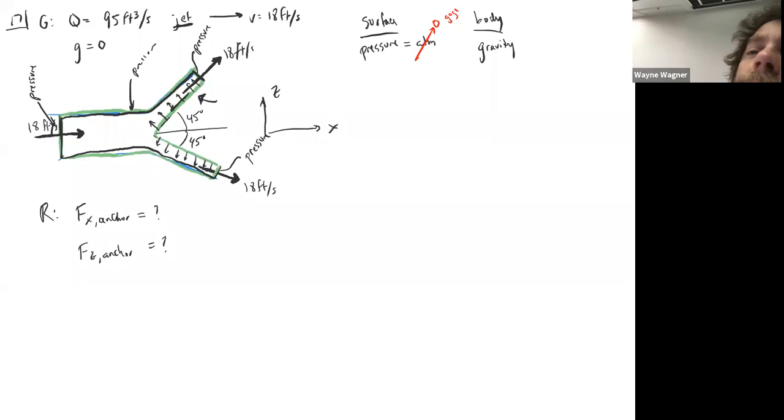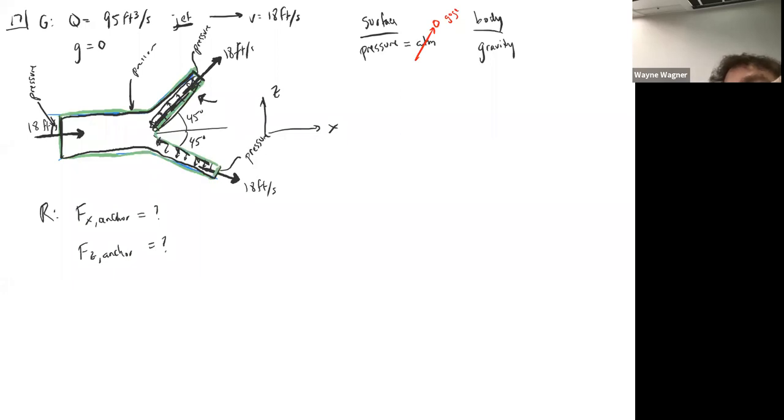All along that edge there's a viscous effect, so basically it's working to slow the water down a little bit. A lot of these problems will tell you to ignore that effect. I don't know what difference it makes to ignore it or not, because what we do is we take this normal force and this frictional force, and we combine it into a single force.